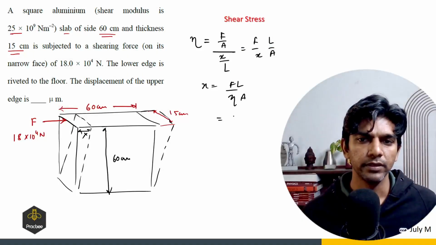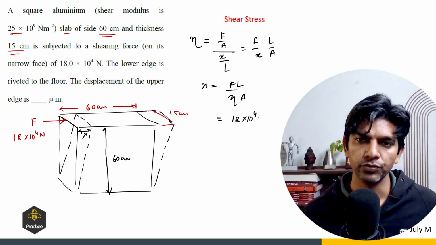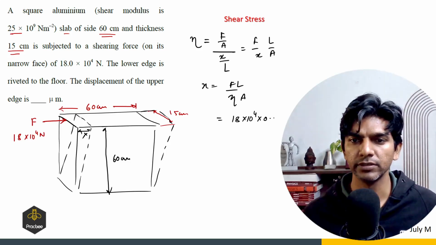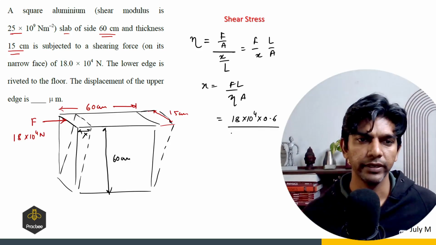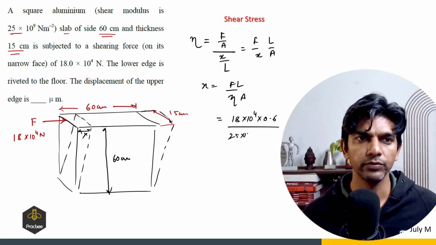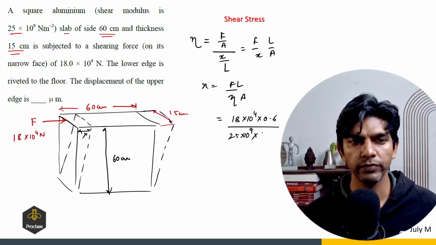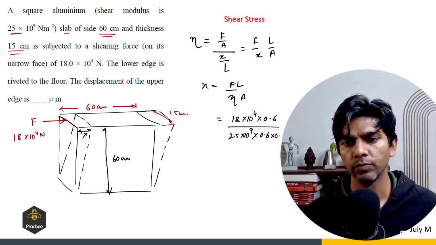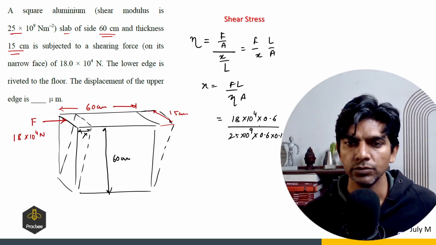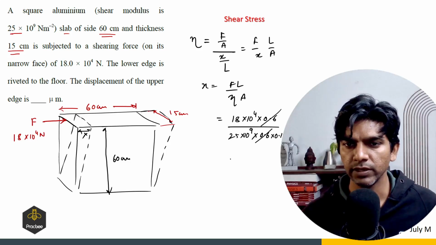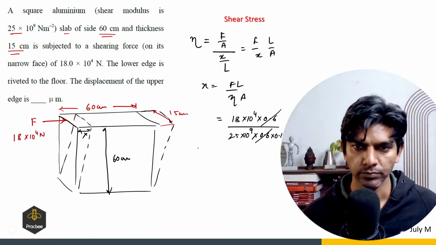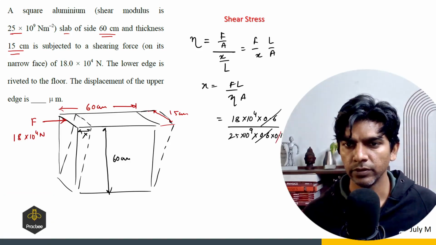So F is 18 into 10 raised to 4, L will be 0.6, divided by eta, which is given as 25 into 10 raised to 9, and the area of cross section of the topmost face where we are exerting the force will be 0.6 times 0.15 meter. So let us simplify this. 0.6 will get cancelled out, and let me remove this decimal.